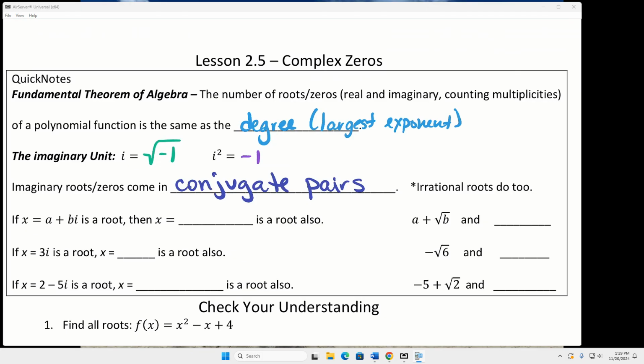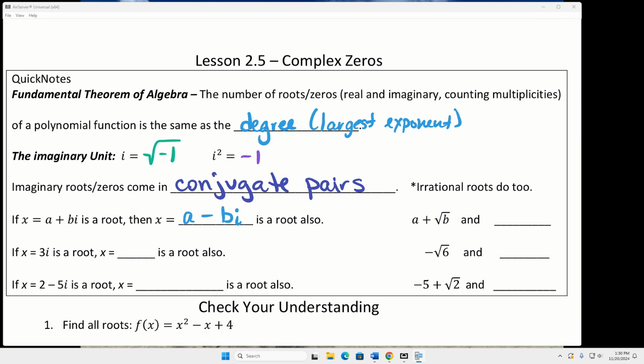Right, so for a conjugate pair, we'll say this is a generic imaginary number. a is what's called the real part, and bi is called the imaginary part. And so the conjugate is going to have the same real part, but it's going to have opposite imaginary parts. So if a plus bi is a root, then a minus bi is a root.